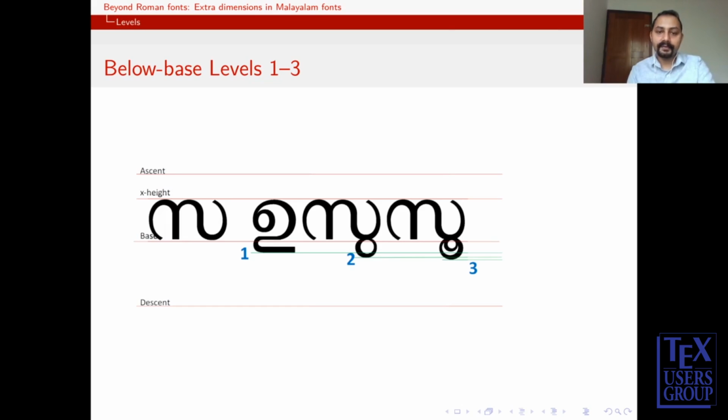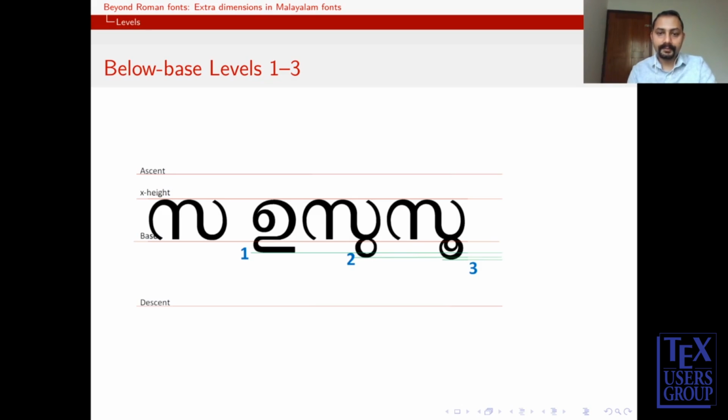The first three levels are explained here, with the second character being a consonant U, the third character conjunct being SU, and the fourth character, which has level 3, SU with a double U. So there you can see each of these below base characters occupy a different level.